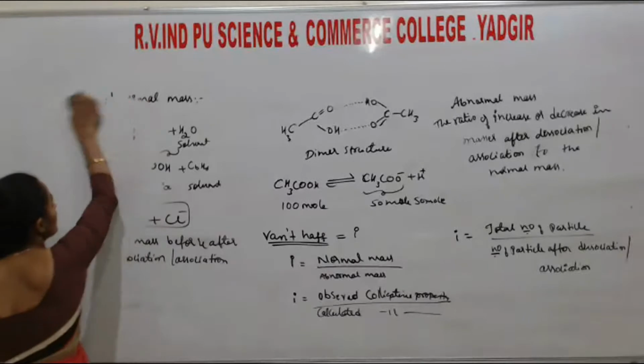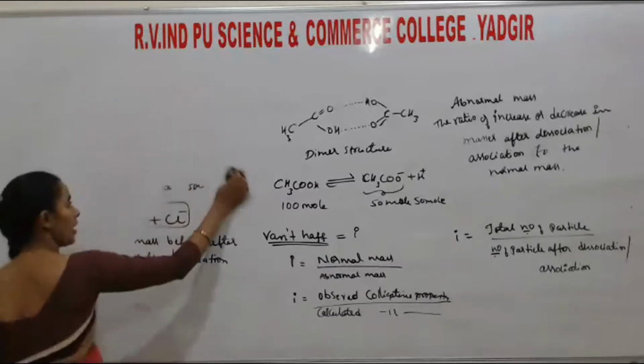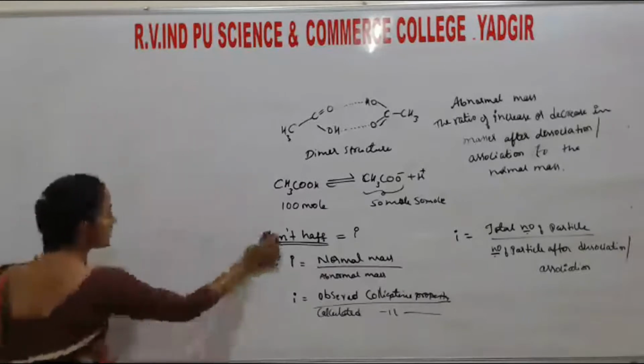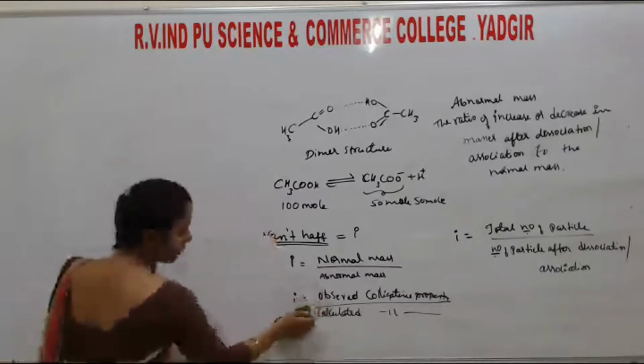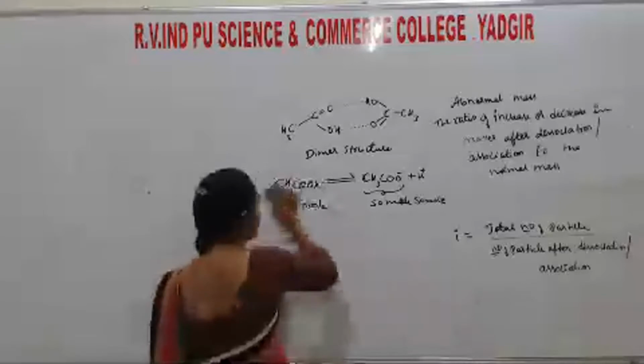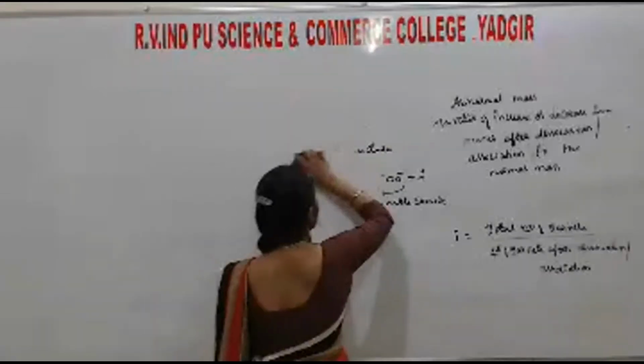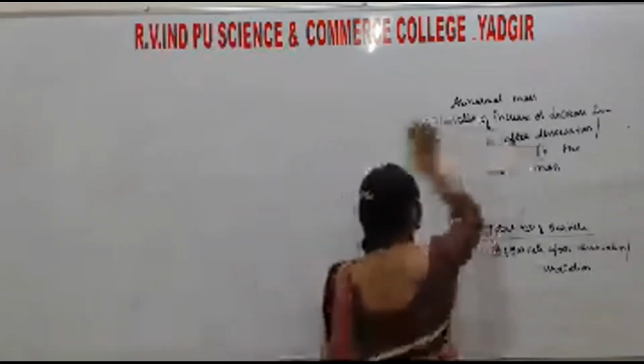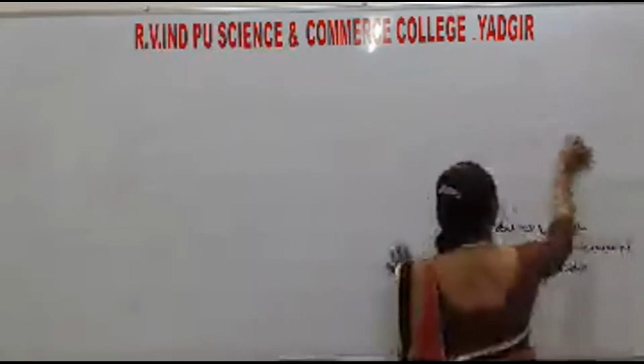Okay, so once we have the abnormal mass, how do the colligative properties change? As I told you, this is the colligative property. Once we have that, how do the colligative property formulas change? How many properties are there? Four, right? We derived the respective formulas, so we can easily write.